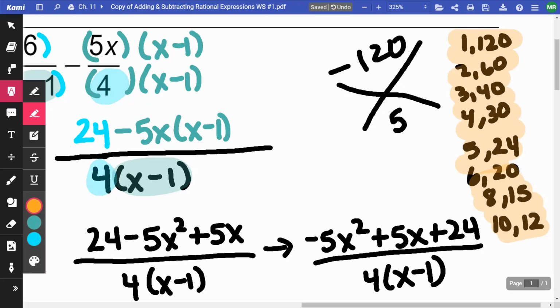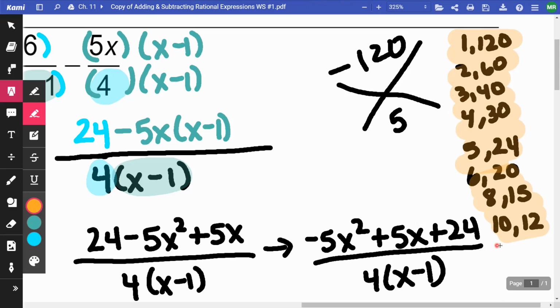I was just double checking to see if I could factor this. I multiplied negative 5 and 24 and got negative 120, which has to add to 5. So I listed all the factors I could think of for 120: 1 and 120, 2 and 60. I'm trying to find a difference of 5: 3 and 40, 4 and 30, 5 and 24, 6 and 20, 8 and 15, 10 and 12.